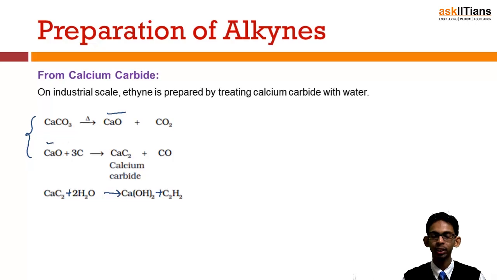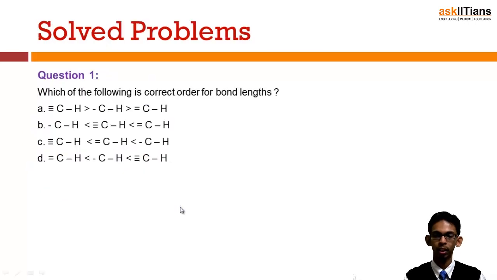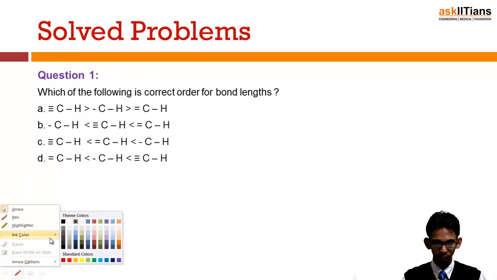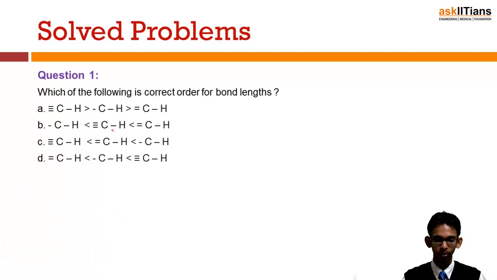When this calcium oxide is reacted with coke, it results in formation of calcium carbide, and this calcium carbide is reacted with water. Hydration of calcium carbide takes place to form calcium hydroxide and ethyne. Now there are some solved problems which are asked in engineering exams like IIT-JEE.